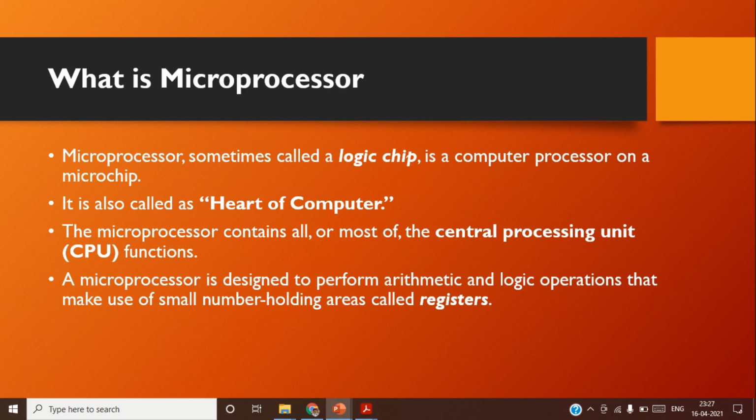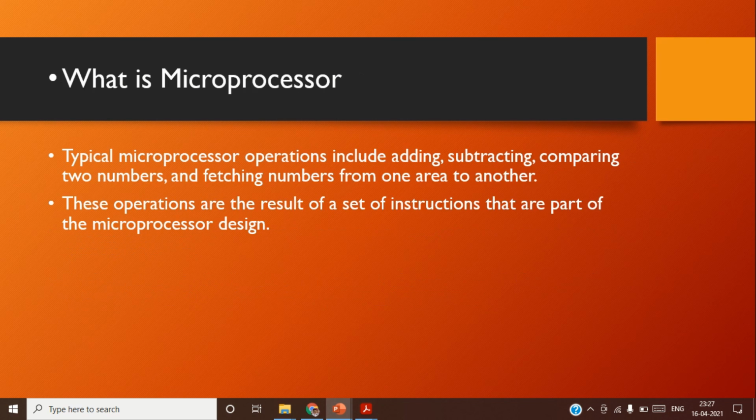So the microprocessor, along with your arithmetic logical unit, will have a small area which will hold the data for temporary use. Now, typically microprocessor operations include adding, subtracting, comparing two numbers, fetching numbers from one area to another.